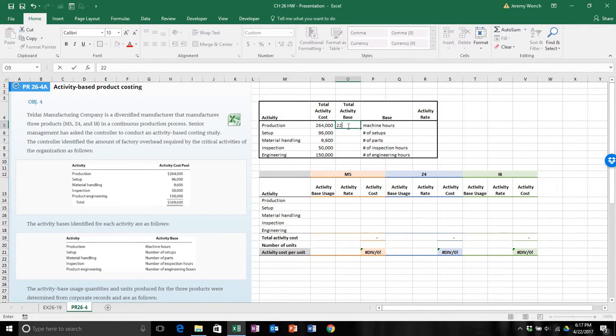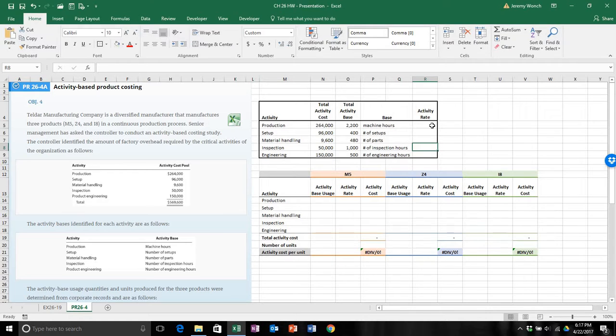So we've got 2,200 machine hours, 400 setups, 480 parts, 1,000 inspection hours, and 500 engineering hours.